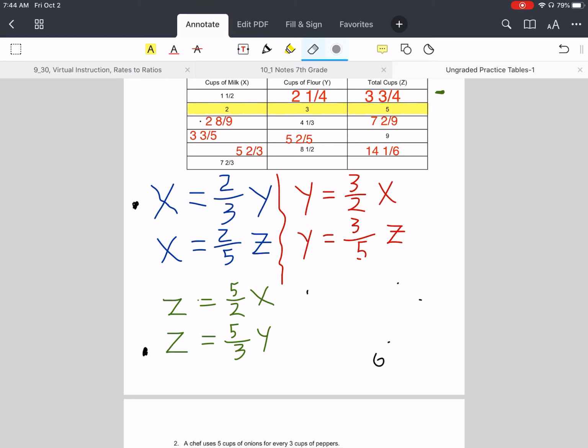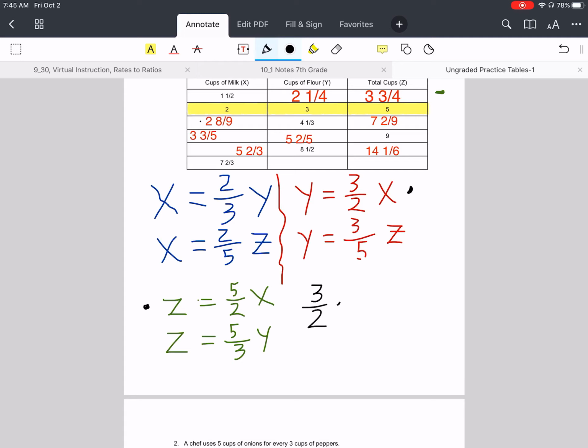Last row, we have 7 2/3 as the x value. So we know the x value. We're trying to find the y and the z. So we're going to use this and this equation. So our red equation says y equals 3/2 times x. So we're going to do 3/2 times x, which is 7 2/3.